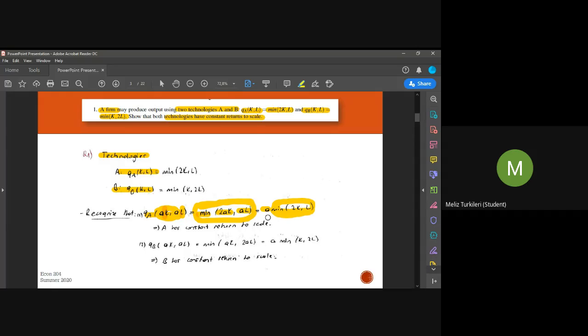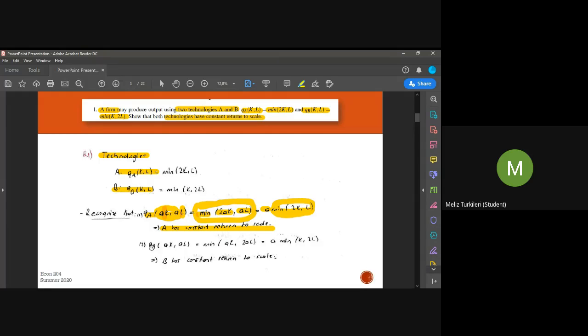If it is the case, then remember from the first section, this is constant return to scale. We increase our input by a, and then our output level will also increase by a. Therefore, it is an output function with constant return to scale.